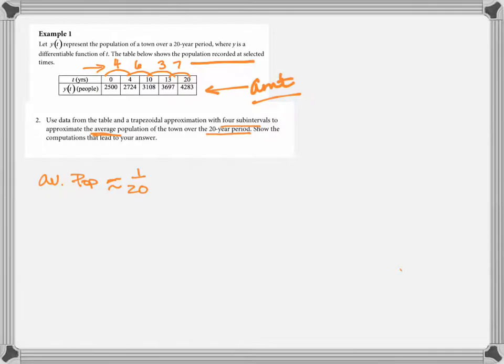All right, so that would be 1/2 of the first 2 together. So that would be 2,500 plus 2,724, and you multiply that by 4 up here. And that's the first trapezoid. The second trapezoid would be 2,724 plus 3,108, and that's multiplied by 6.